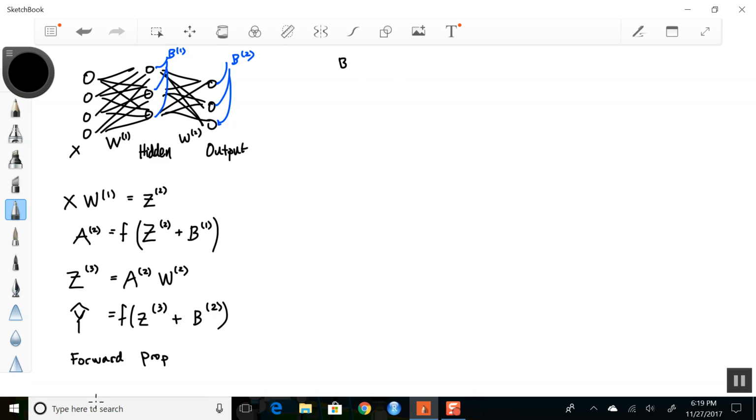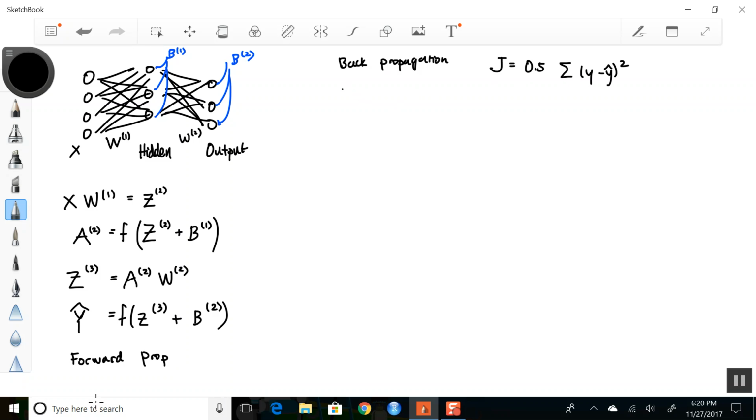All right, and then for the back propagation, we want to find our cost function J, which is 1/2 times the squared residuals, okay?